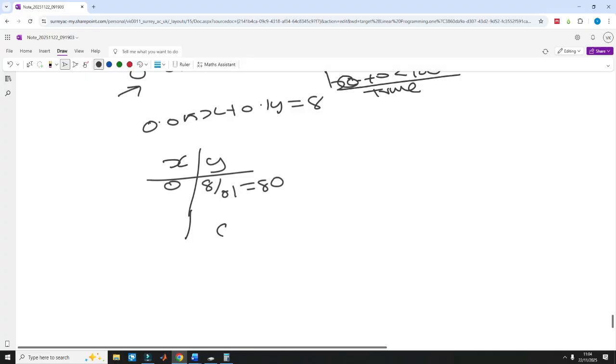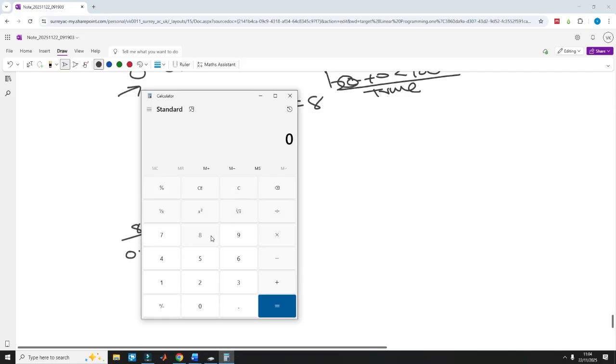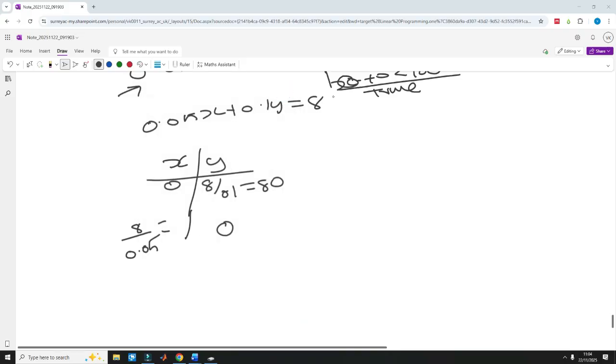When y is equal to 0, x is equal to 8 divided by 0.05, that's equal to 160.